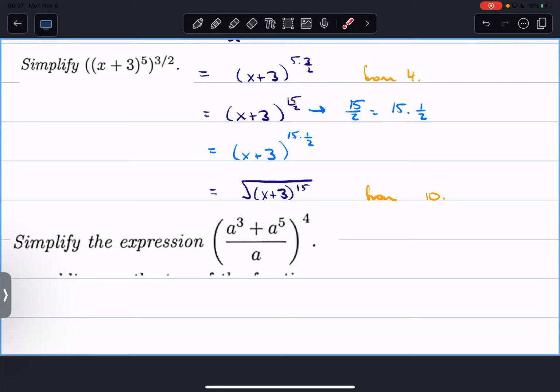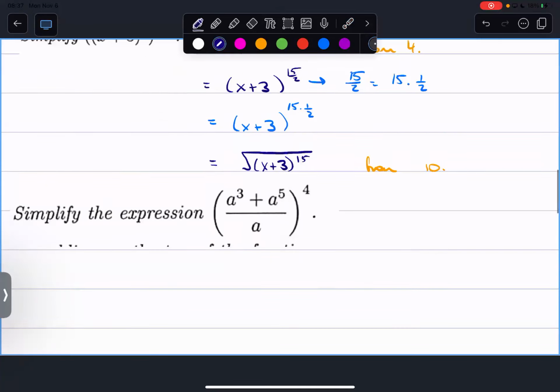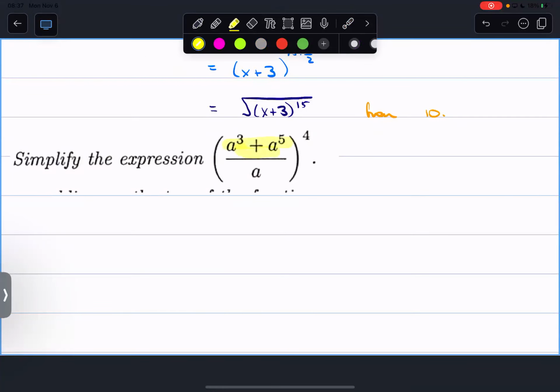What's one of the ways? Probably the easiest way would be to extract a common a here and then divide by a, because you're only allowed to cancel this a if you have an a in both terms. This is the problem here. We can't simplify addition.